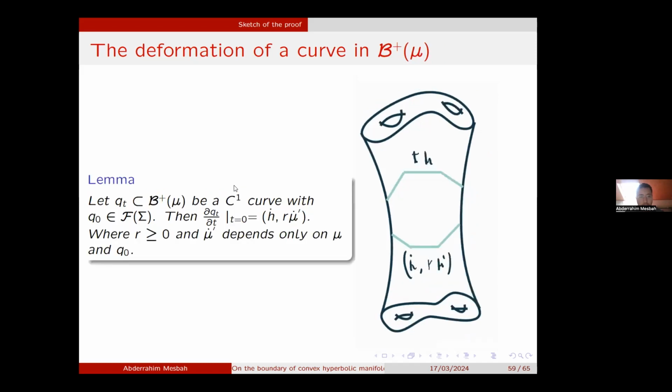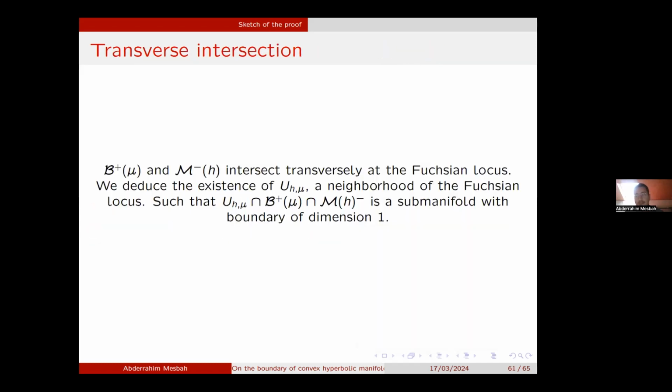When we combine these two facts, 1 and 2, we get the important key that one should know: the manifold of quasi-Fuchsian manifolds that have bending lamination of the form t mu on the upper boundary of the convex core, and the set of quasi-Fuchsian manifolds that have induced metric H on the lower boundary of the convex core, intersect transversely at the Fuchsian locus.